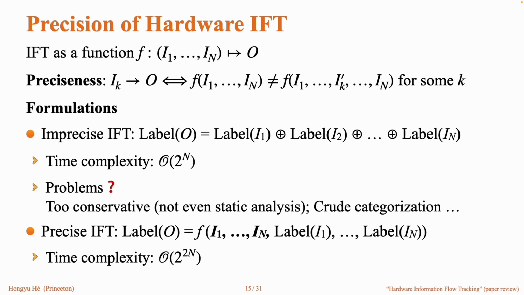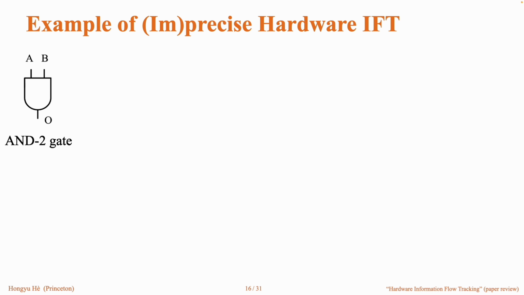All right. What I find helpful is looking at their examples. They give an AND gate as an example of imprecise information flow tracking.